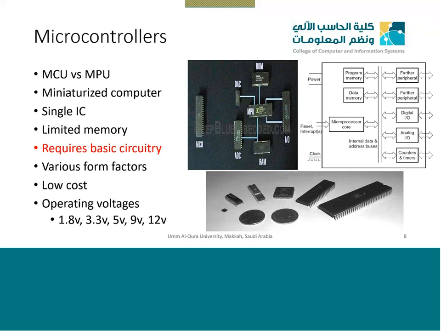All the things are separately connected on the motherboard, but it is powerful. You can connect your hard drive with it, everything, and then it will run. A microprocessor cannot run standalone. A microcontroller, which is a smaller version with a less powerful microprocessor in it, can run without any external devices.